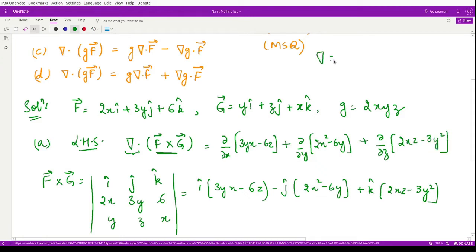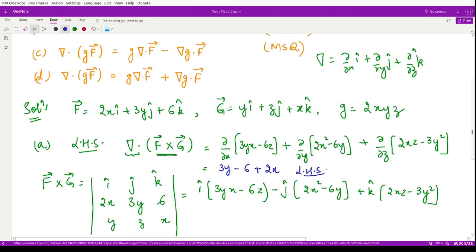You know the vector operator del is del by del x i cap plus del by del y j cap plus del by del z k cap. So when you solve this out, you have the value as 3y minus 6 plus 2x. So this is your left hand side for option A.